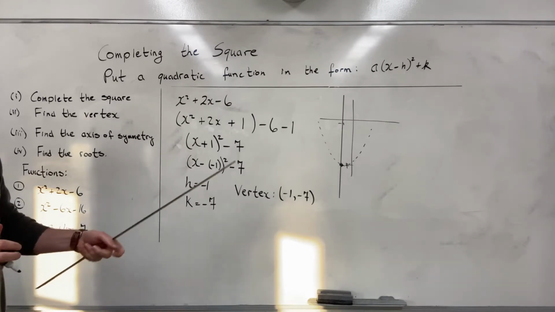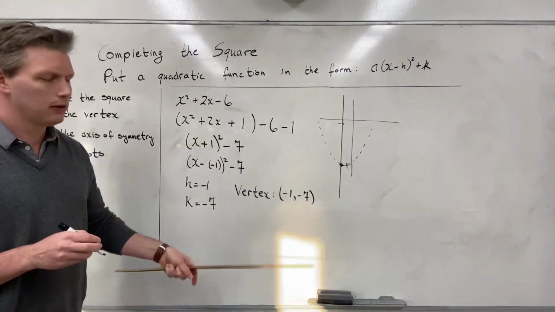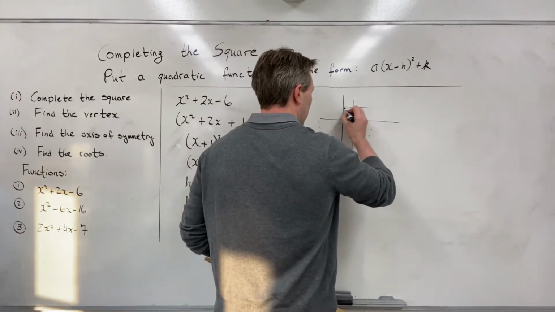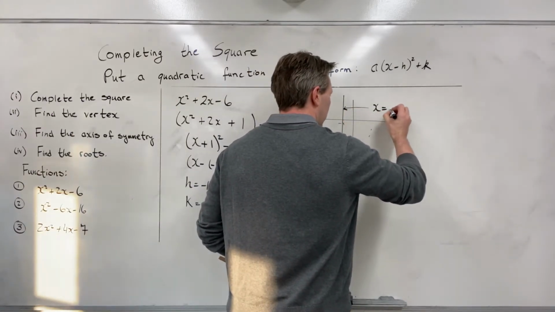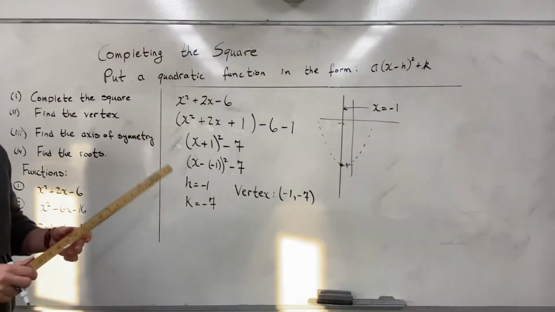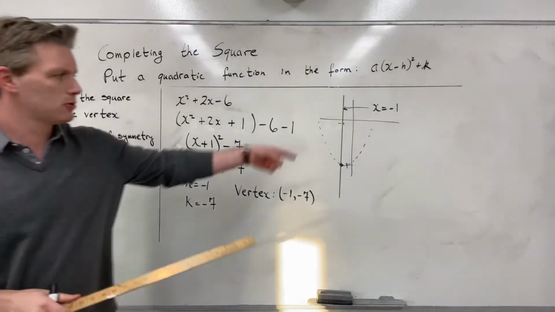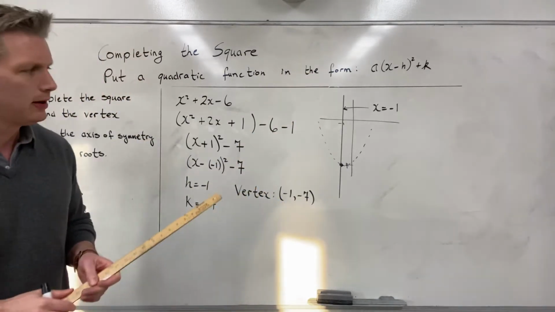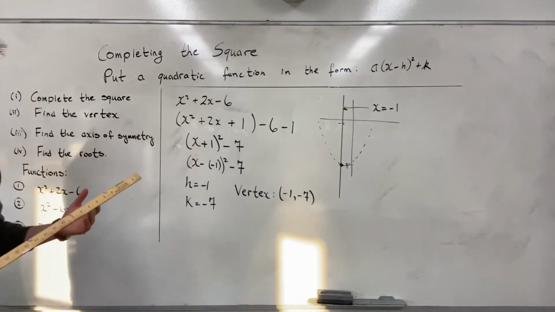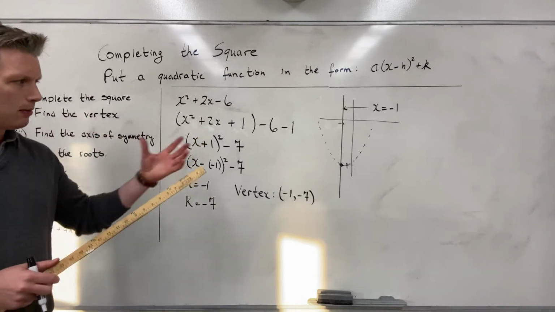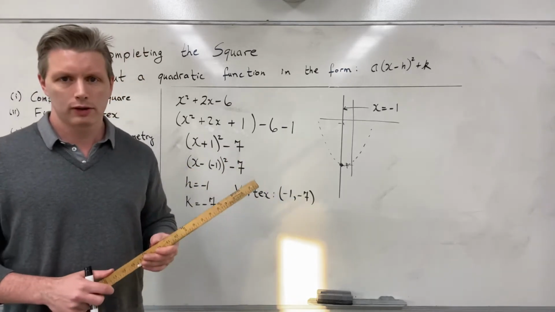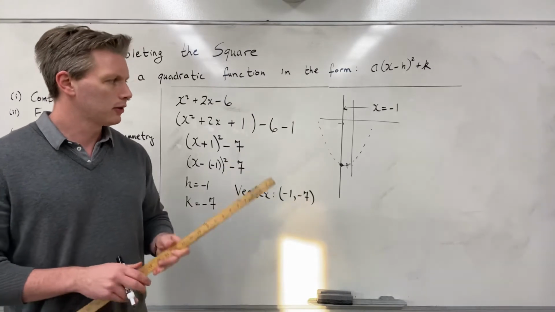And so this line here is the line x equals negative 1, and that is my axis of symmetry. For a parabola written in this form of a quadratic, your axis of symmetry will always be a vertical line, going through the x-axis.